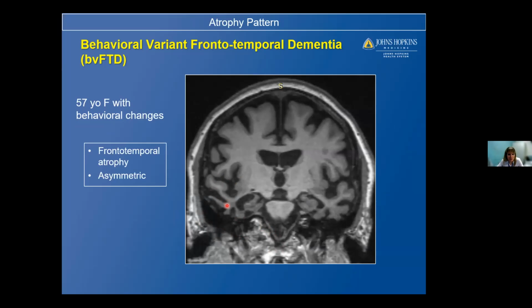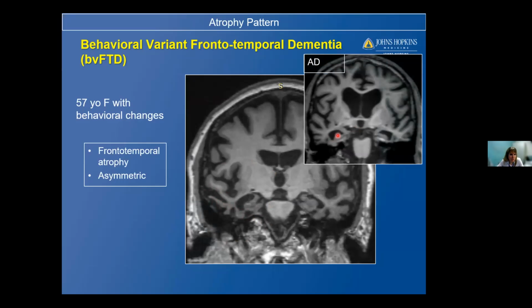While in AD we see predominant atrophy of the mesotemporal lobe, the FTD will affect the temporal lobe as a whole, okay? So look here at the marked atrophy of the lateral temporal lobe in FTD as compared to AD, which is shown here. So in AD we see more of a hippocampal atrophy, and in FTD it involves the whole temporal lobe.